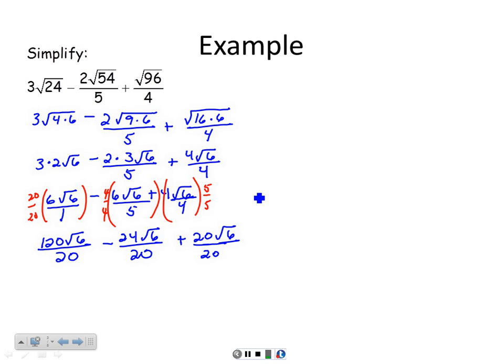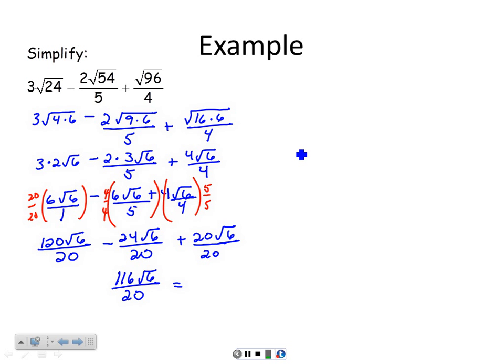So now I'm going to combine all of these numerator whole numbers. So we're going to have 120 minus 24 plus 20. And we're going to get 116 square root of 6 over 20.